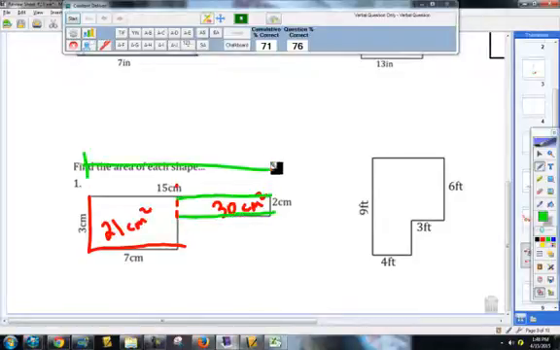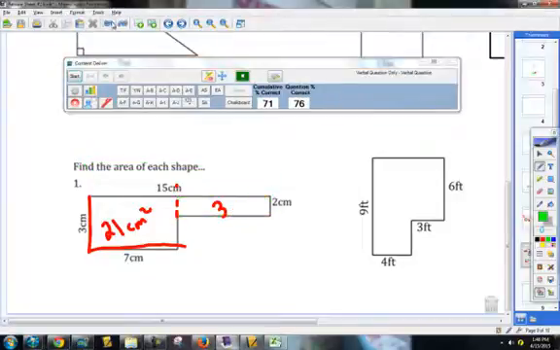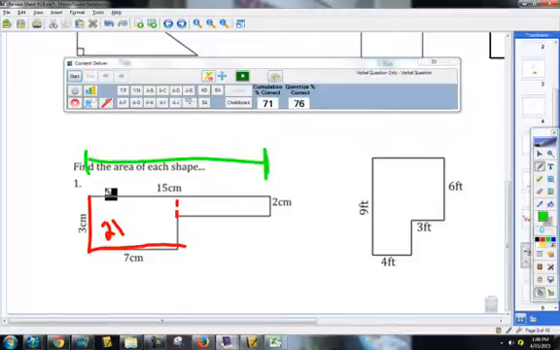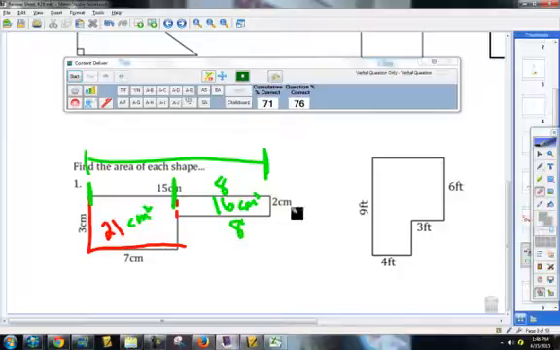It's the whole distance of the figure that's 15. So you'd have to do some work to say, okay, if it's 15 from right there to right there, and I know that it's 7 from right there to right there, then I know this has got to be 8 and this has got to be 8. So that would be 16 centimeters squared and 21 centimeters squared. That's where 37 came from.